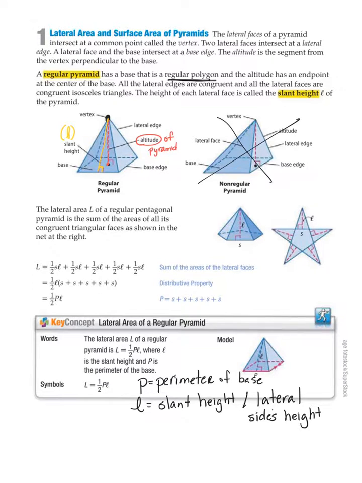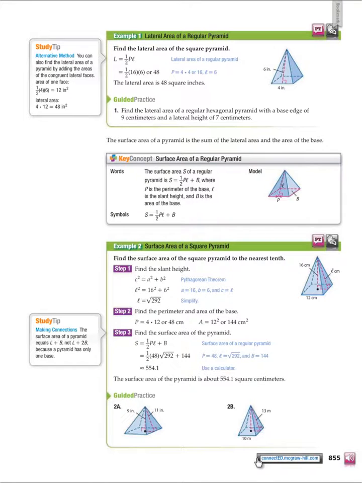Let's do an example. When I look at example 1 in my textbook, the question asks us, find the lateral area of a square pyramid. Okay? Again, let me just encourage you with everything I can to write the formula down. They want the lateral area, so that means I need to find 1/2 the perimeter of the base times the slant height.